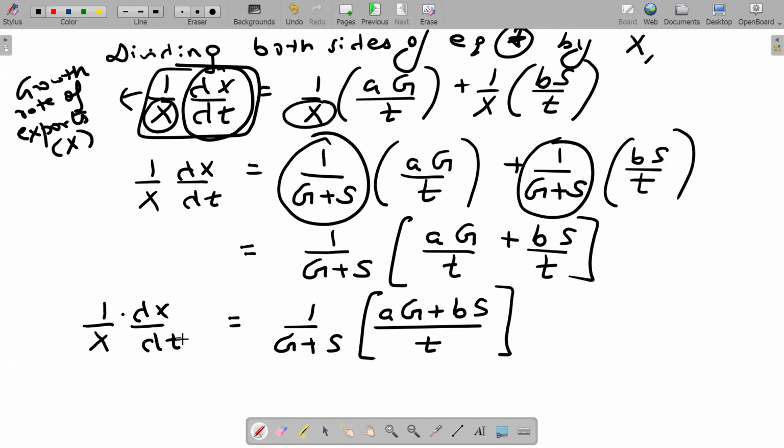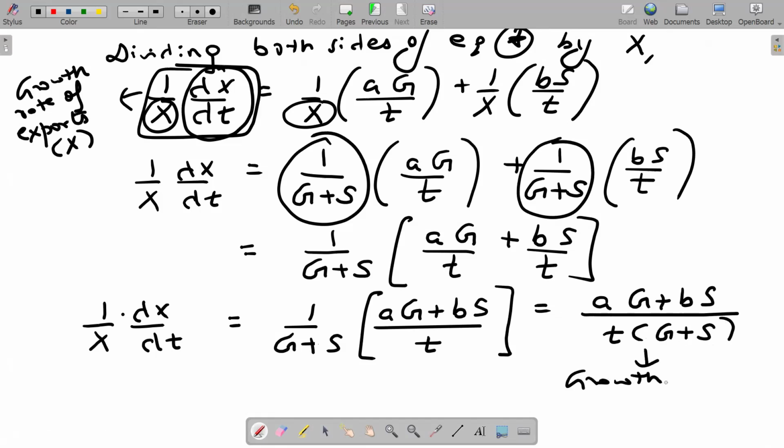Hoping students have understood this. So my final answer is ag plus bs over t times g plus s. This is nothing but the growth rate of exports. This is the answer for this question.